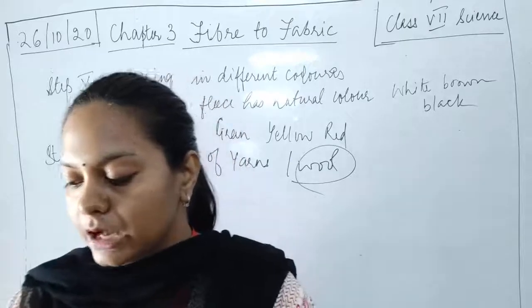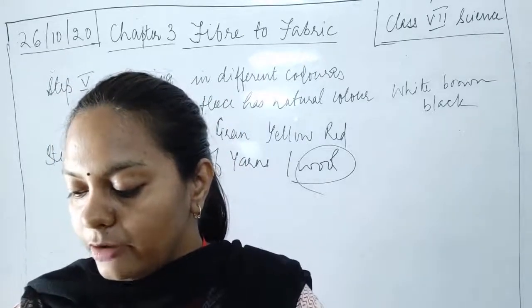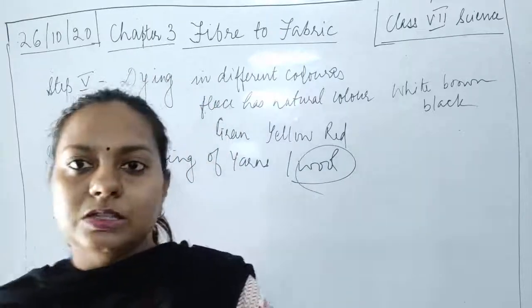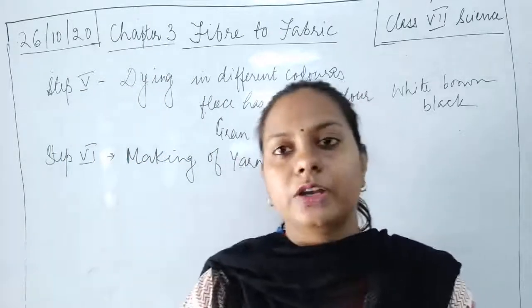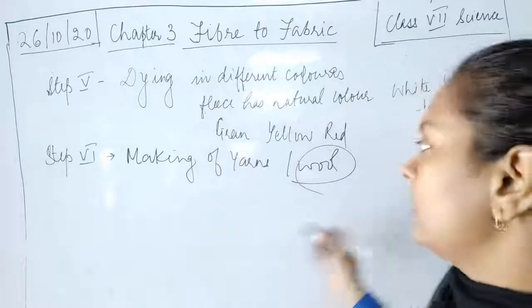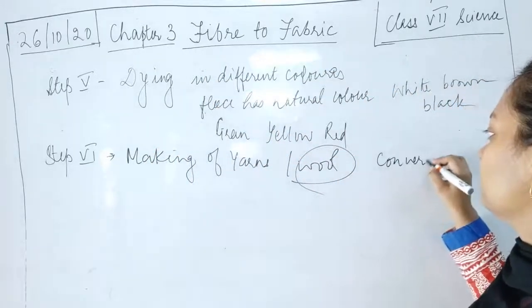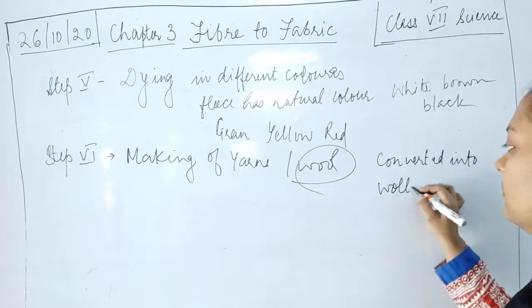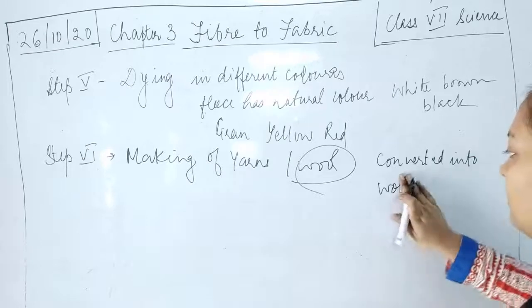So the yarn is being made. Now the long fiber of wool is used for making sweaters and shawls. It is woven into woolen clothes. This yarn is converted into woolen clothes.